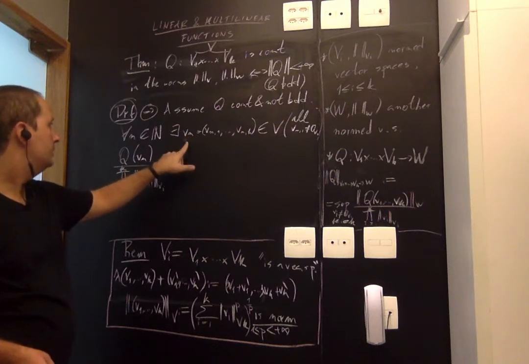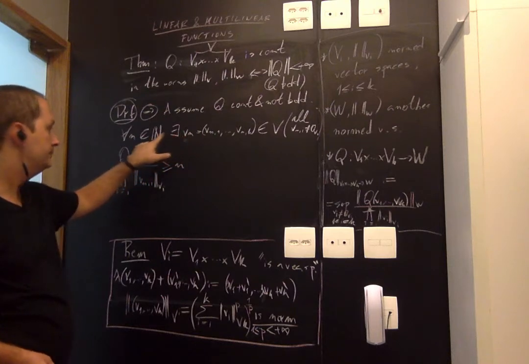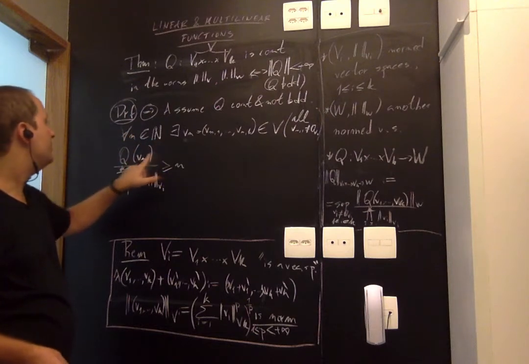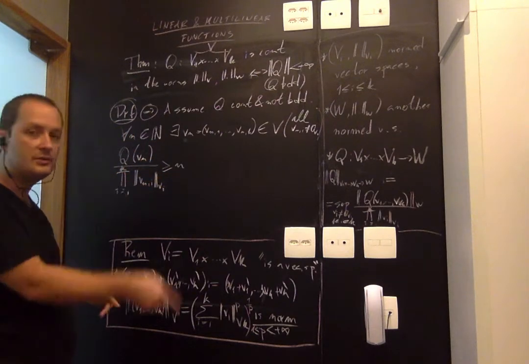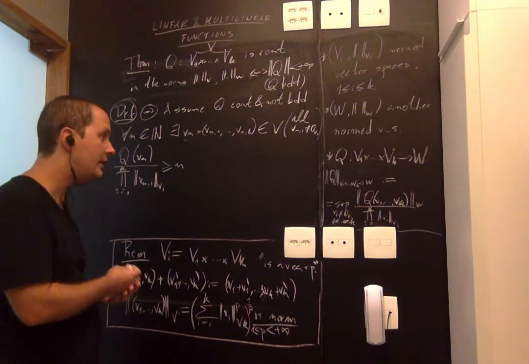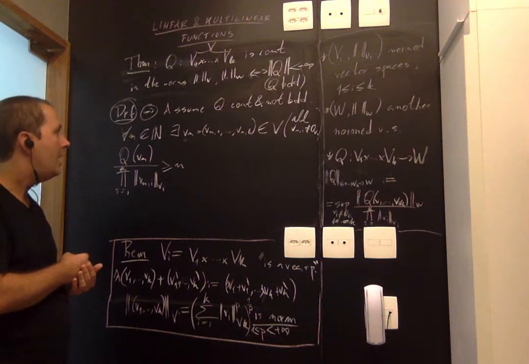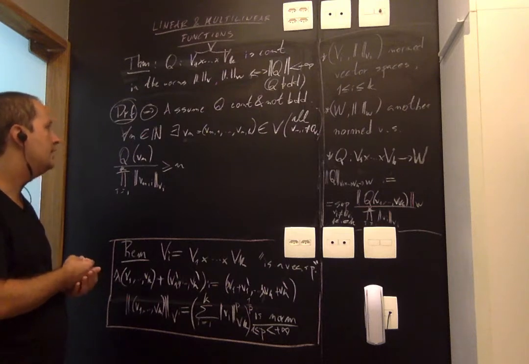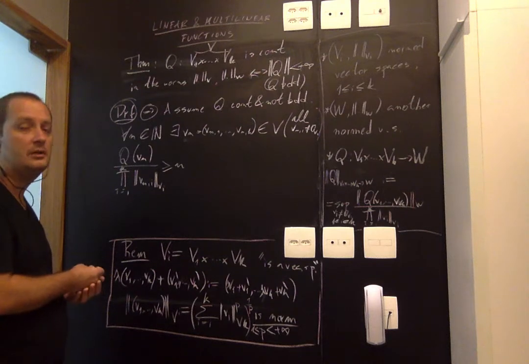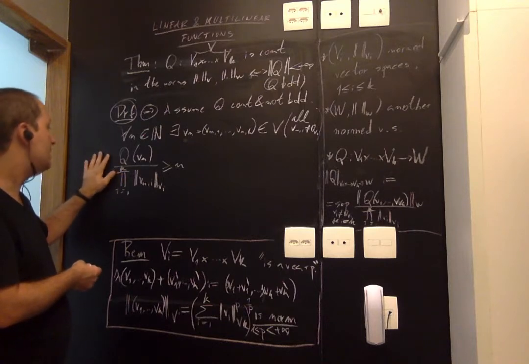That something should be such that I get a sequence of vectors that goes to 0 in V, but such that Q of that sequence does not go to 0. Right, so that's what we did before. Okay, how does that work? It has to be a little bit different from before, for reasons I'm going to explain later. But the idea is still the same.